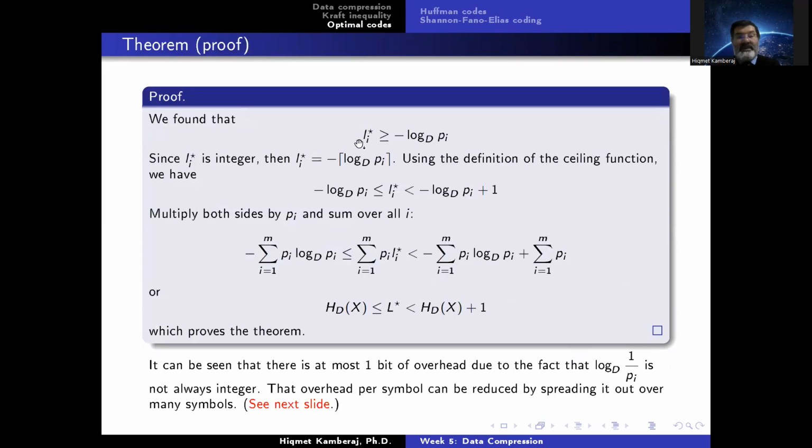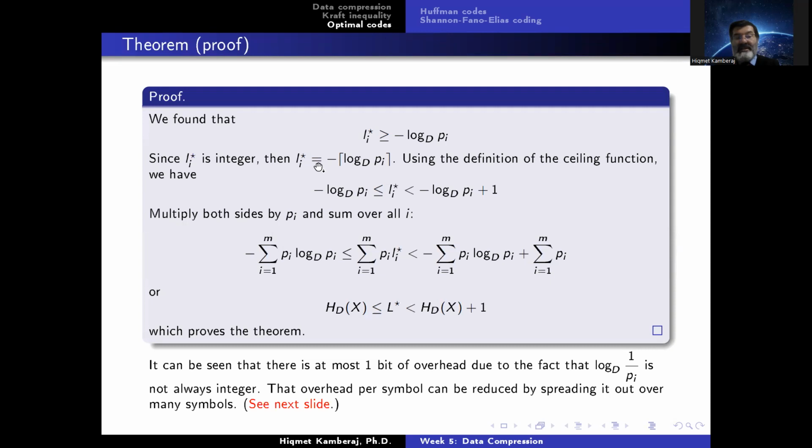Now, how could you prove this one? We found that L_i stars are greater or equal to minus log with base D of p_i. Since L_i star gives a length, it must be an integer number. To obtain an integer number, we take the right-hand side and apply the ceiling function.